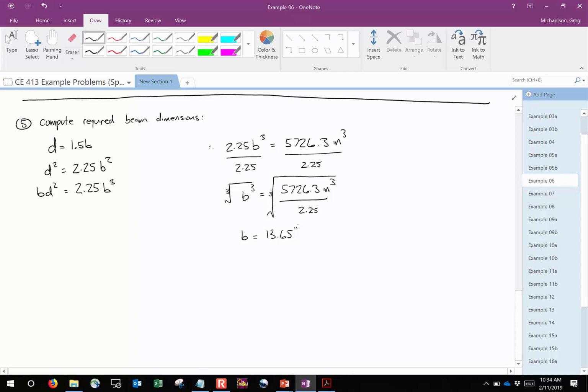And so what we will do is use a 14-inch wide beam, okay? And so that's the width. What about the effective depth? The effective depth, we're just going to use 1.5 times B, and that's going to be what? 21.